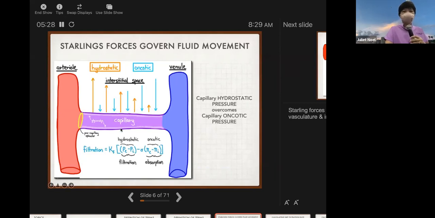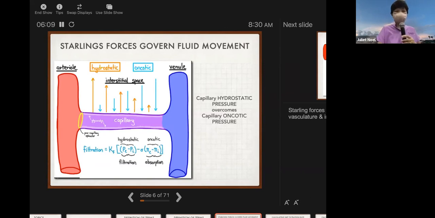The hydrostatic pressure of the capillary tends to move fluid out of the capillaries, whereas in the capillary, the protein within the blood creates oncotic pressure, which holds the fluid inside the capillary.